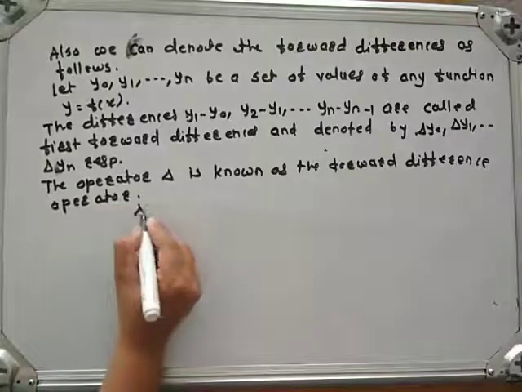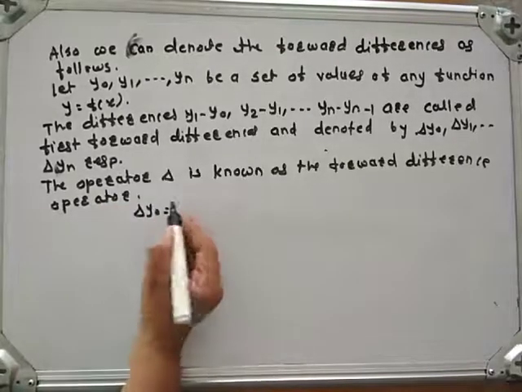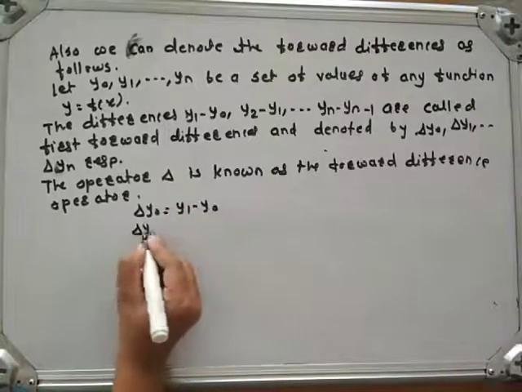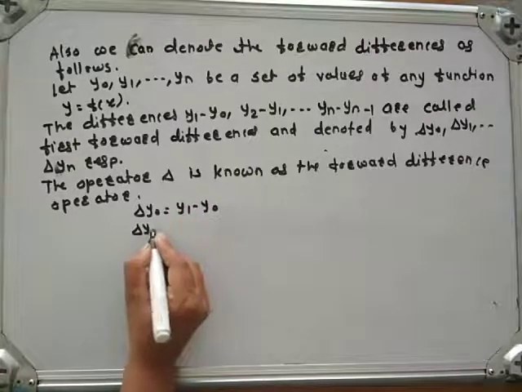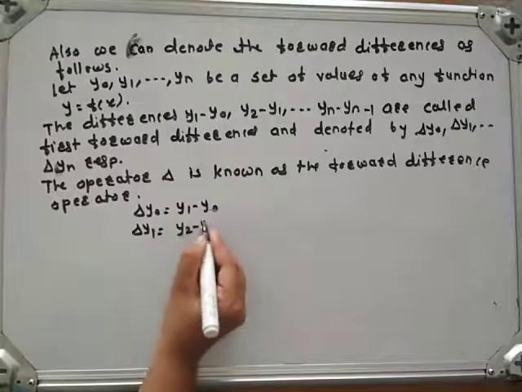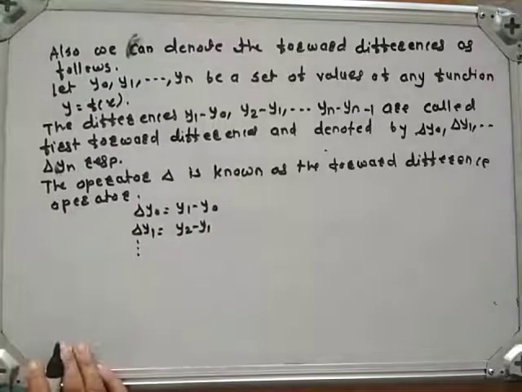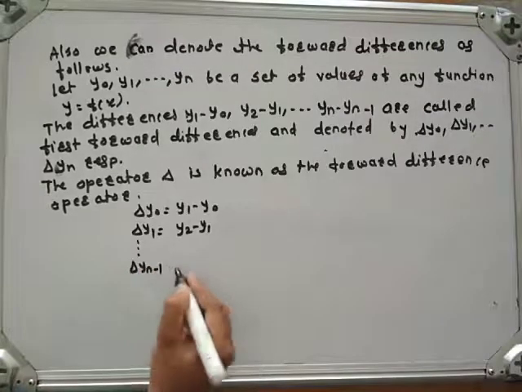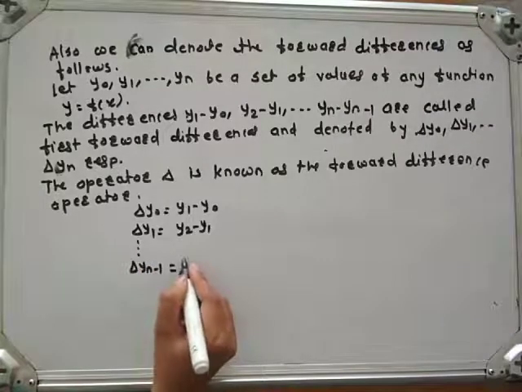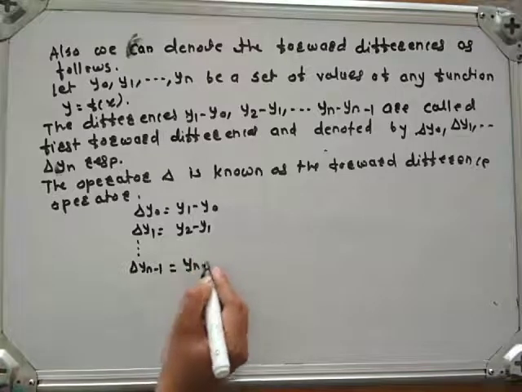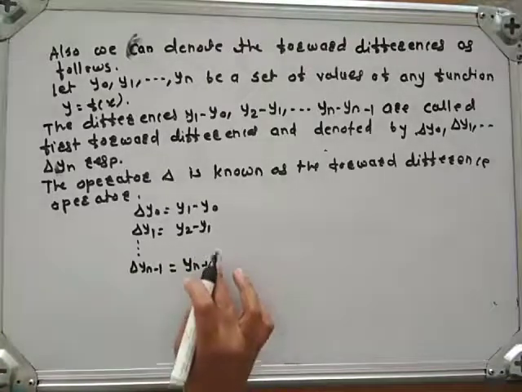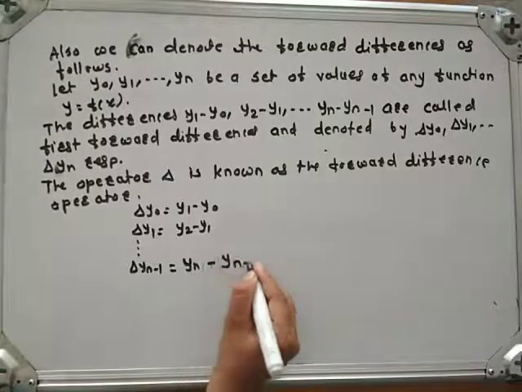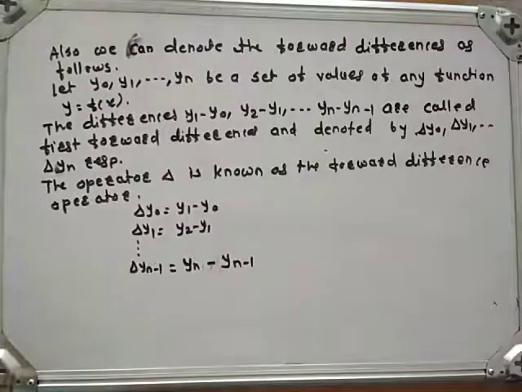Delta y0 is equal to y1 minus y0, delta y1 is equal to y2 minus y1 and so on up to delta yn minus 1 is equal to yn minus yn minus 1.